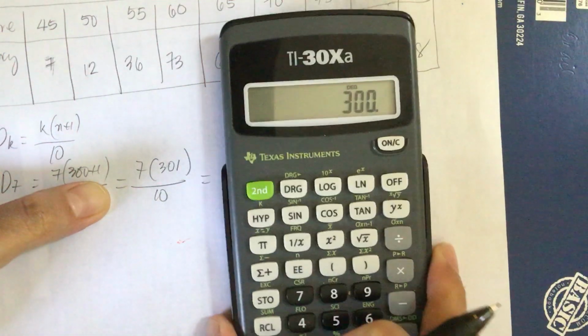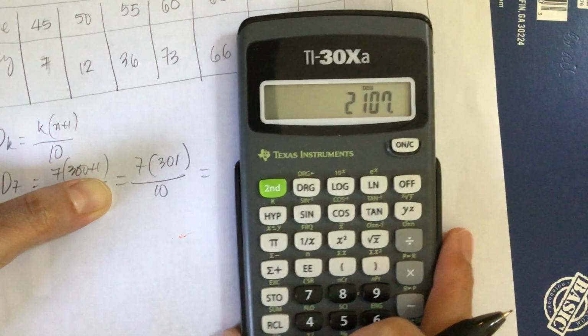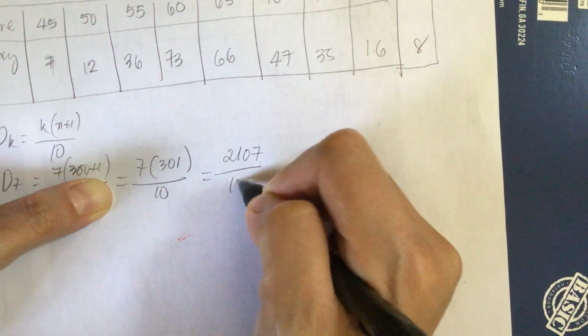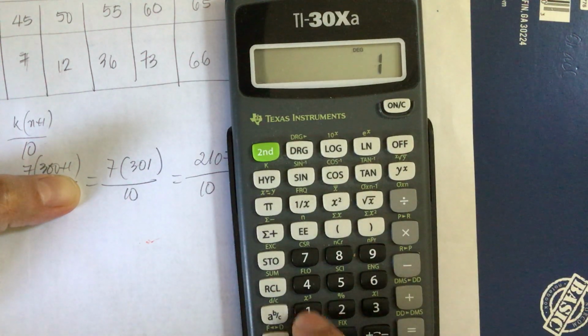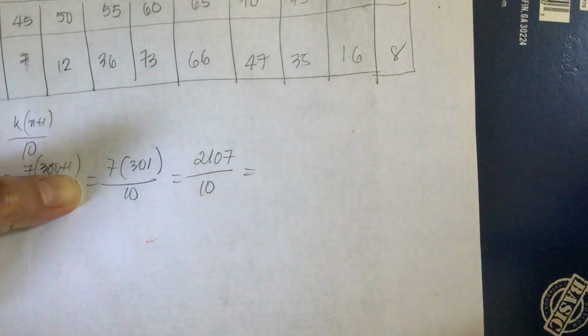Then we multiply 7 times 301. It's 2107. And this is all over 10. Then we divide by 10. It's 210.7.